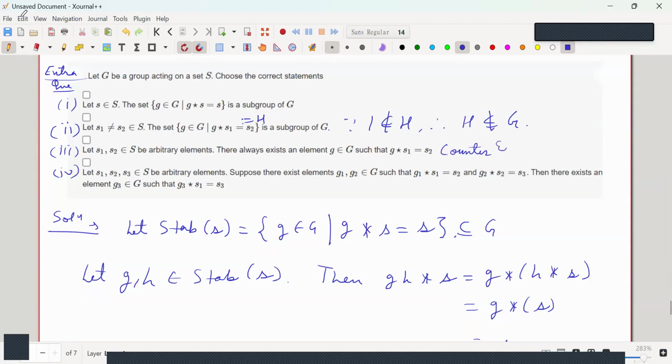So, counterexample: take the conjugation action on an abelian group G, which is not the trivial group, of course, and s1 not equal to s2.